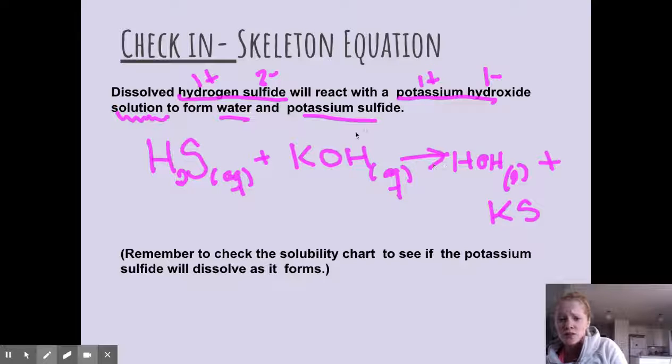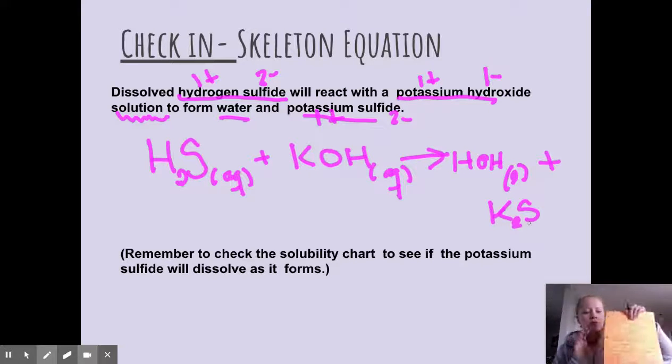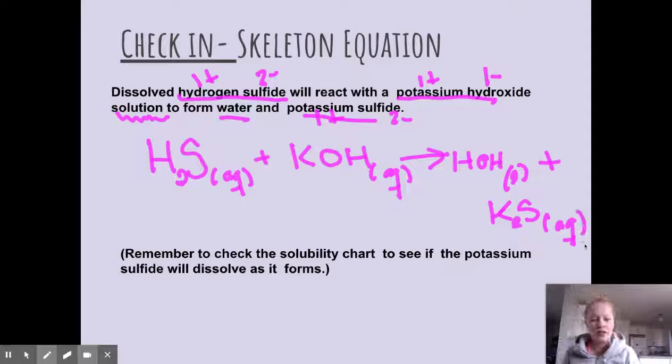Potassium is a charge of 1 positive, sulfur has a charge of 2 negative, so we need 2 potassiums. Now this one, it doesn't tell us what it is right in the question, so that means we need to check our solubility chart, and we should find that that falls under high solubility because potassium is a group 1 element. So this is high solubility, which means it is aqueous state.